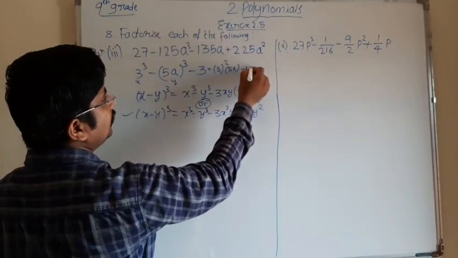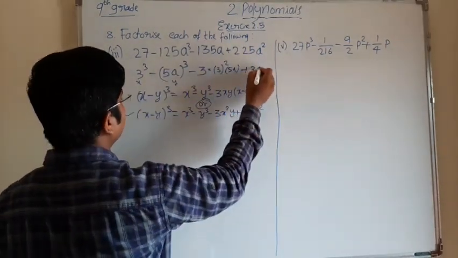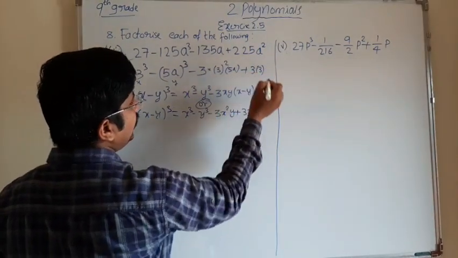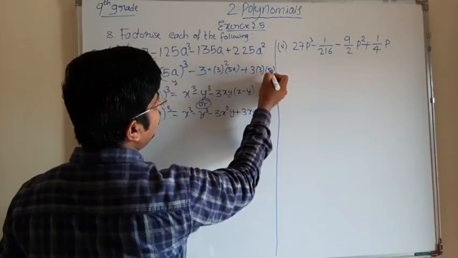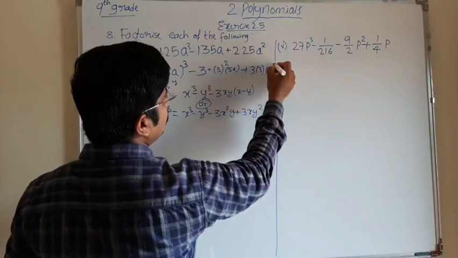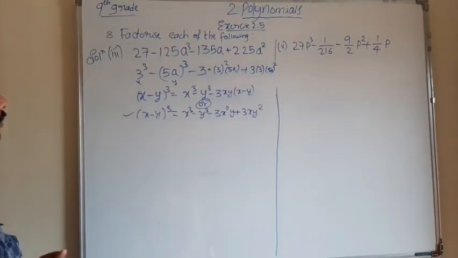Plus 3 into x, its value is 3, into y square, y is 5a square.